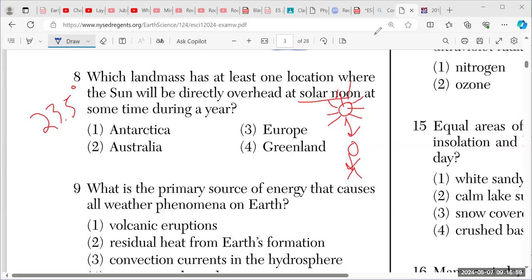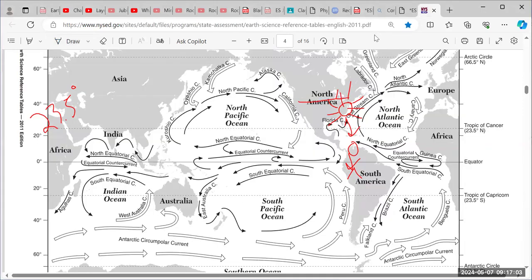So I'm going to go to my reference tables page. When I go to my reference tables, there are two latitudes that have the same angle as the Earth's tilt. They are the Tropic of Cancer, 23.5 degrees north, and the Tropic of Capricorn, 23.5 degrees south.